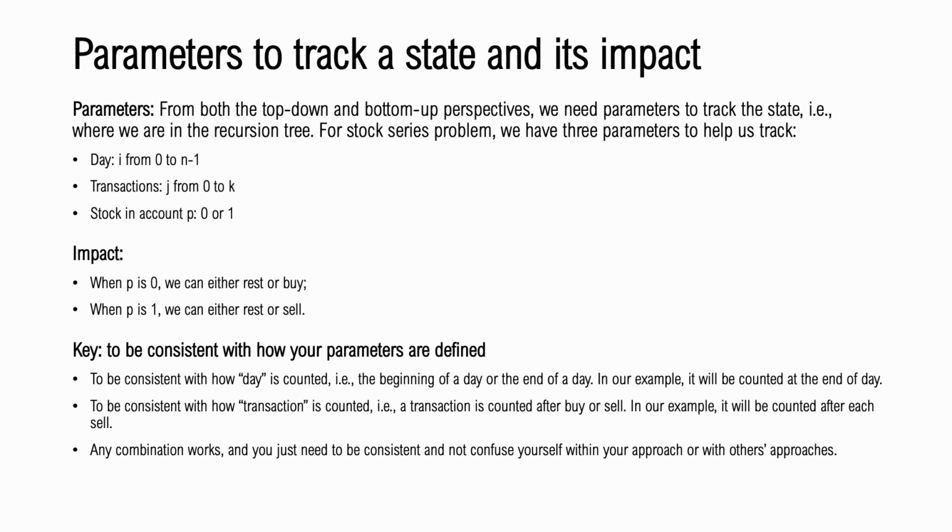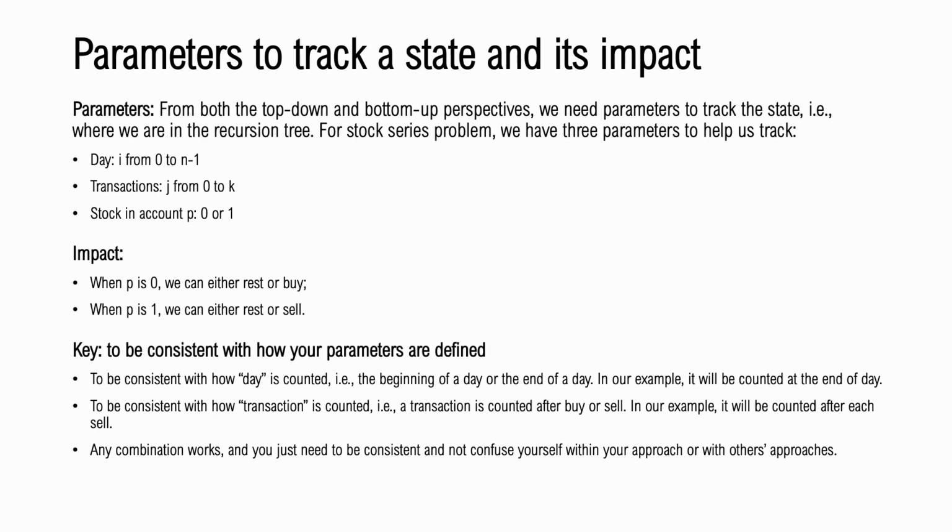For stock series problems, we have these three parameters. The first parameter is the day. For a zero-indexed array, the day goes from 0 to n-1. The second parameter is the maximum allowable number of transactions. Problem 4, the generic form, gives the limit as k, and it goes from 0 to k.